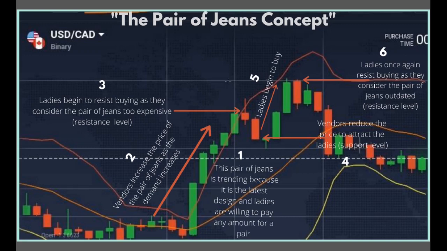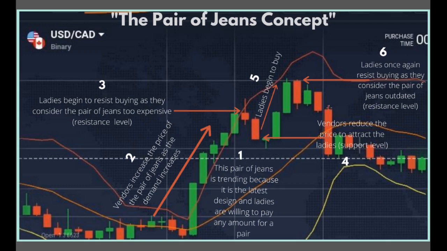The concept is built on the premise of buying and selling. At a certain level the price is not attractive for buyers again. You can see this level, the first level, number one.